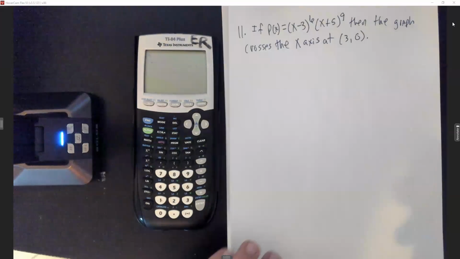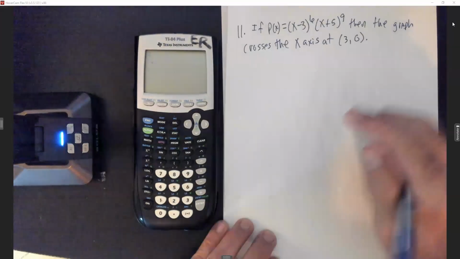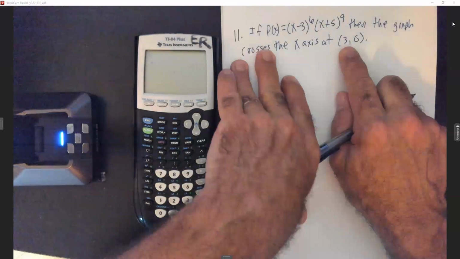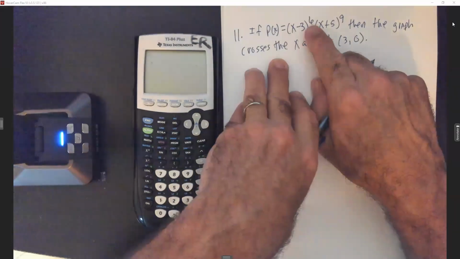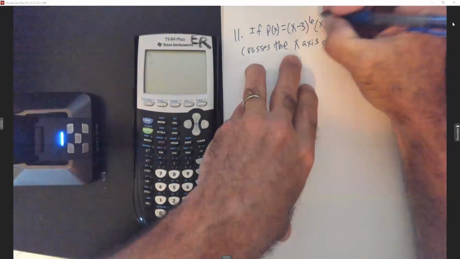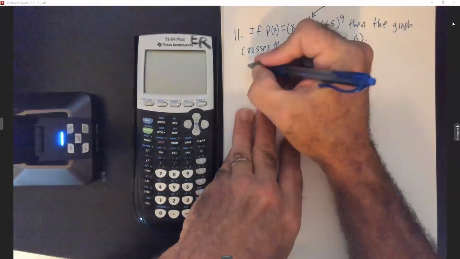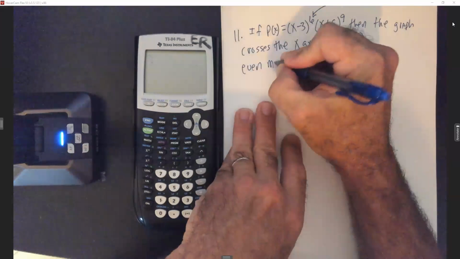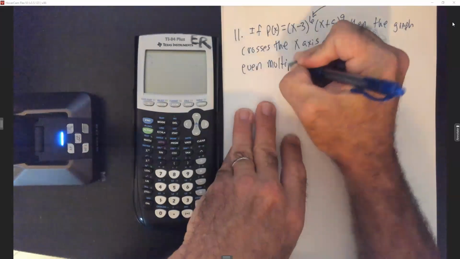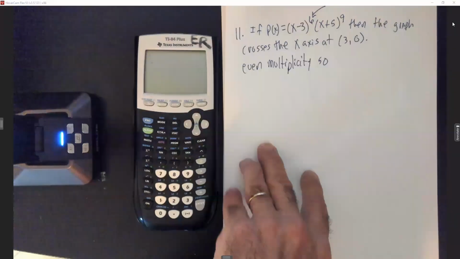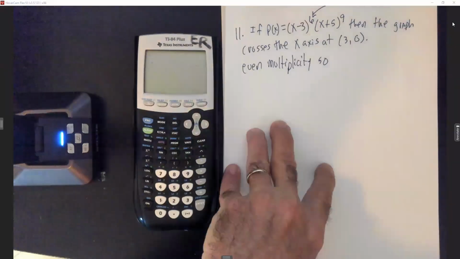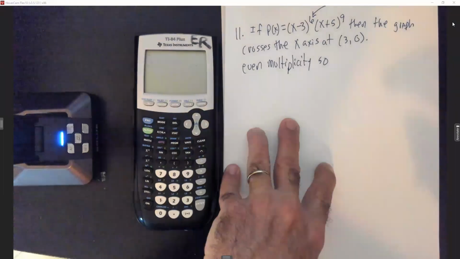So to get the 3, 0, you would have had to use this factor, (x minus 3) to the 6th. So it has an even multiplicity. If it's even multiplicity, it's not actually crossing the x-axis, it's tangent to it.